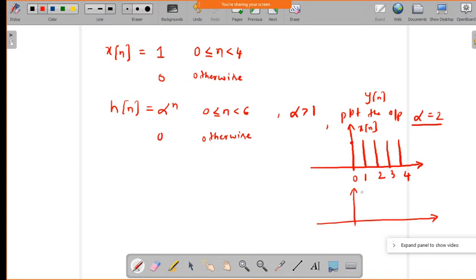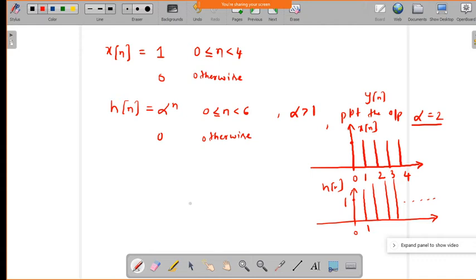So when alpha is greater than 1, it will be a growing exponential. So when n equal to 0, it will become 1, and n equal to 1, it is growing like this. Okay. So whatever alpha greater than 1 you take, it is growing till the value infinity. So now this is your h of n.